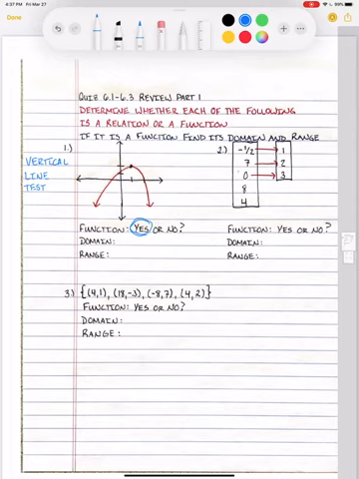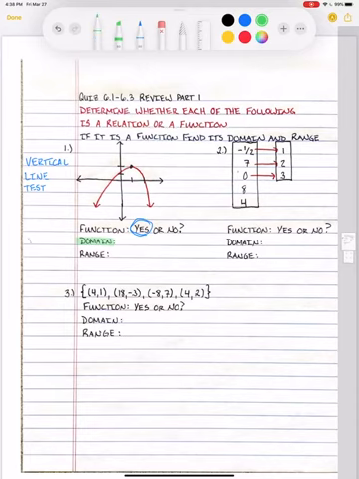Now I'm going to find the domain and range. So domain, I'll just do in green. So domain we talk about are x values.